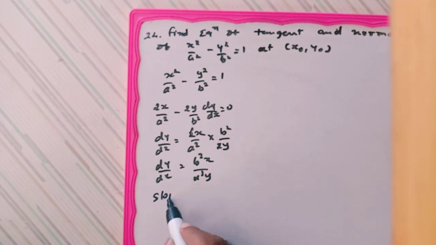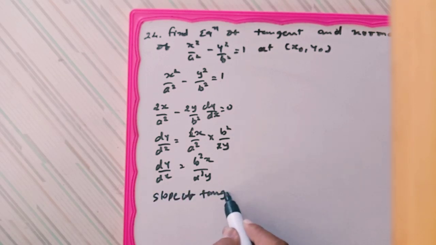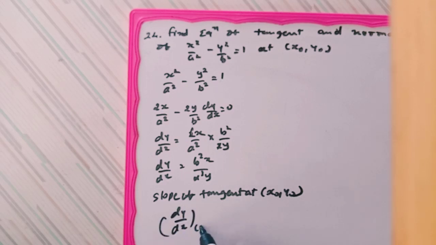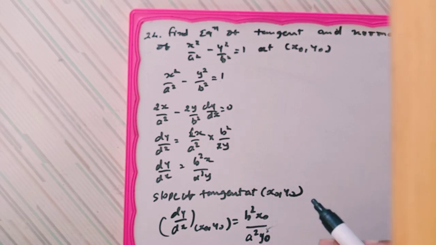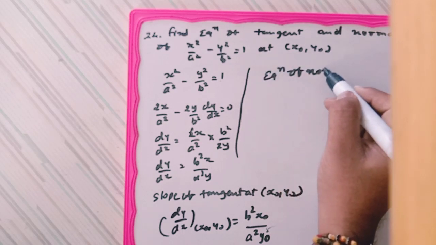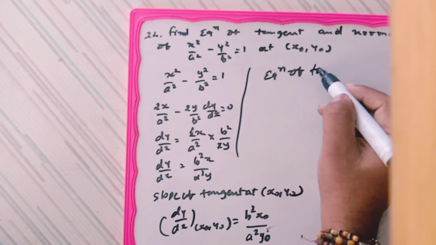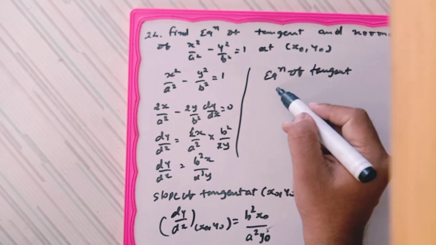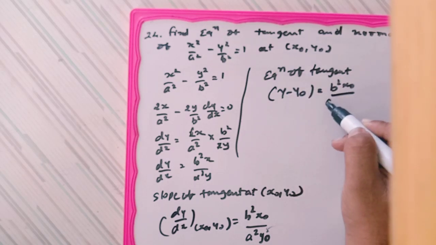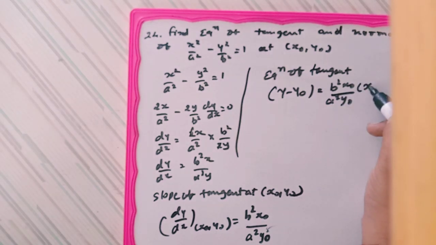and so the slope of tangent at (x0, y0) will be dy/dx at (x0, y0) = b^2 x0 upon a^2 y0, and so the equation of tangent will be y - y0 = (b^2 x0/a^2 y0)(x - x0).